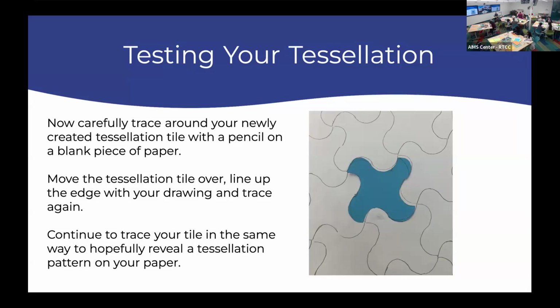So what I'd like you to do is, those are for creating your own tessellation pattern. And it can be simple, it could be complex, that's up to you. You could use geometric patterns, straight lines, curved lines, you could do a freehand cut.